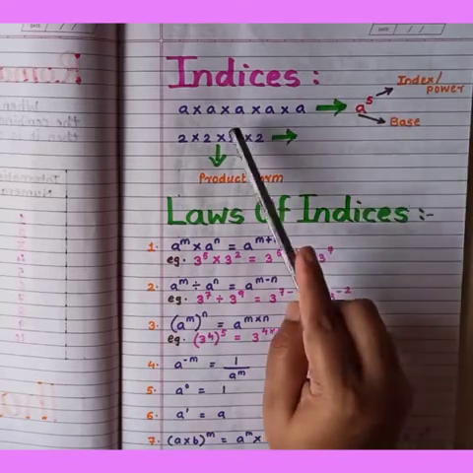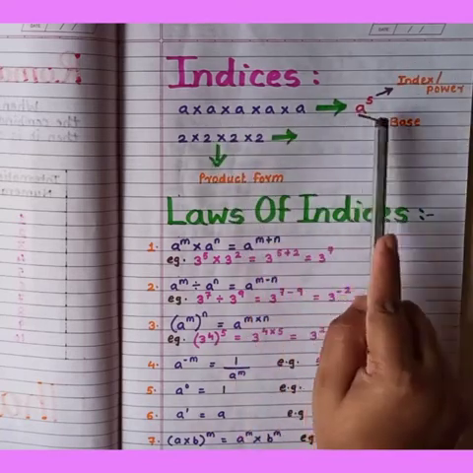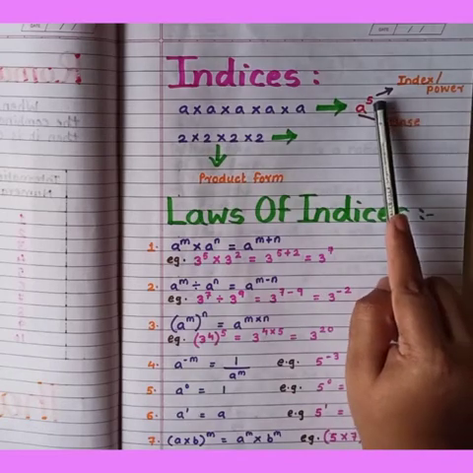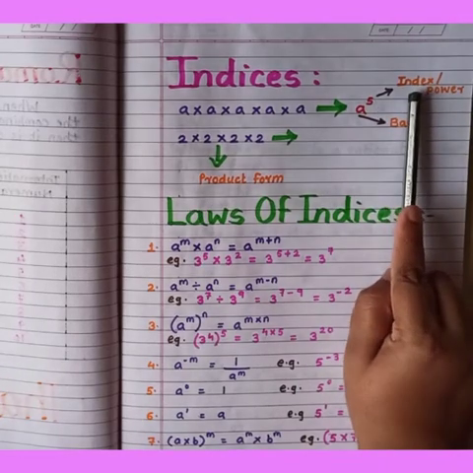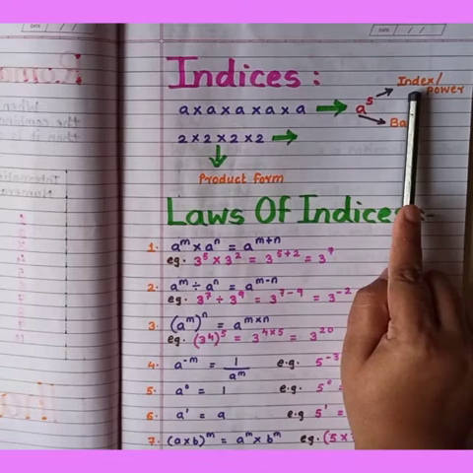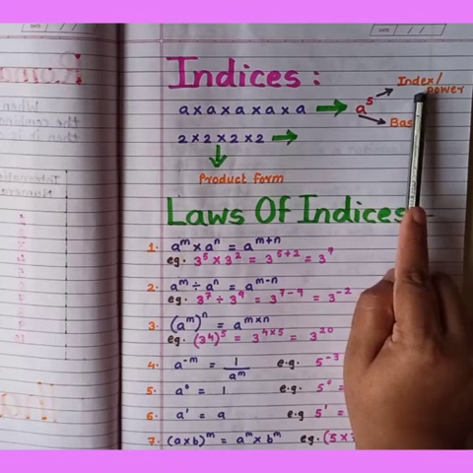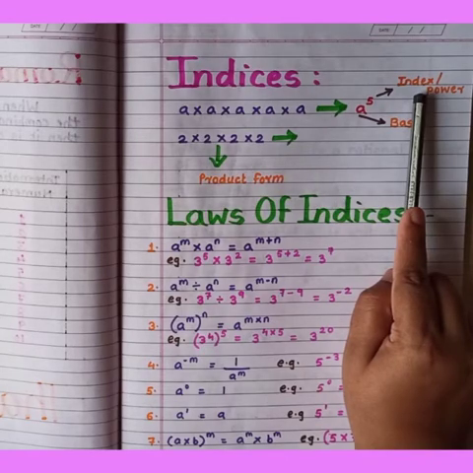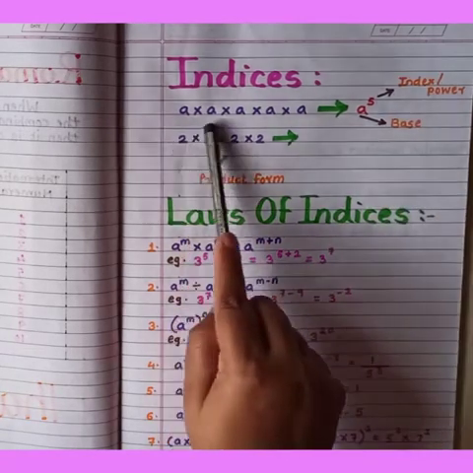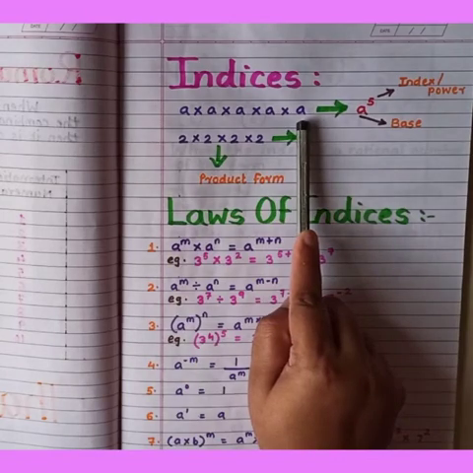Now students, here A is the base and 5 is the index. Now what is meant by index? The index is the number that says how many times to use the number in a multiplication form.